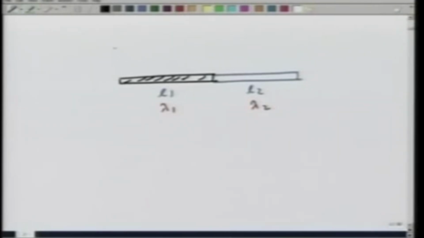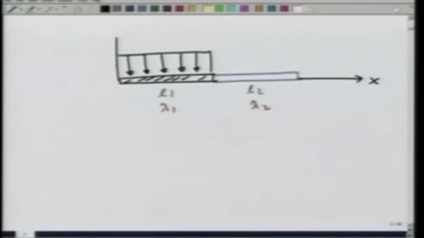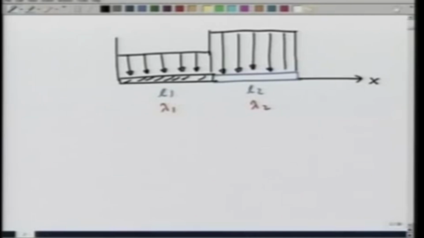My axis is starting from here and going this way. If I plot the load curve, it will be constant lambda 1 g per unit length here, and we assume lambda 2 to be greater than lambda 1. And I wish to calculate the center of gravity.